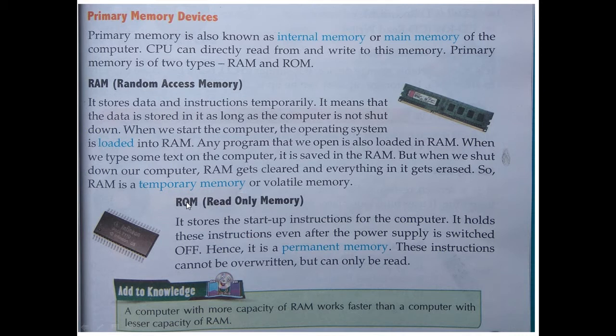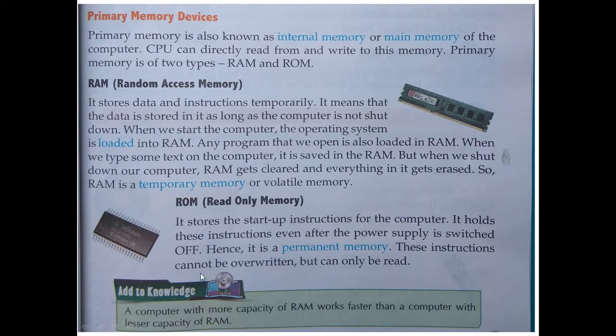Next, ROM. Read only memory. It stores the startup instructions for the computer. It holds these instructions even after the power supply is switched off. Hence, it is a permanent memory.